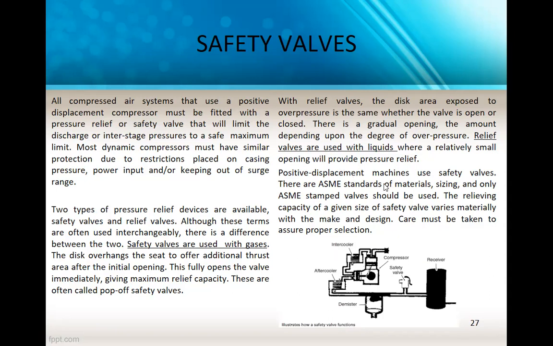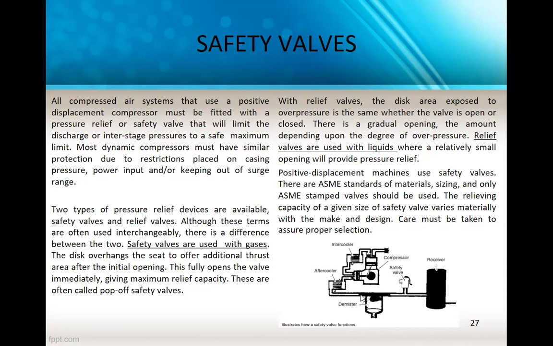Positive displacement machines use safety valves. There are ASME standards for material and sizing, and only ASME stamped valves should be used. The relieving capacity of a given size of safety valve varies materially with the make and the design. Care must be taken to assure proper selection.